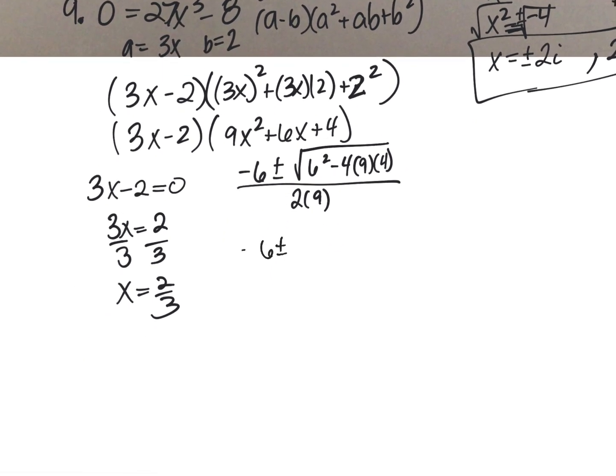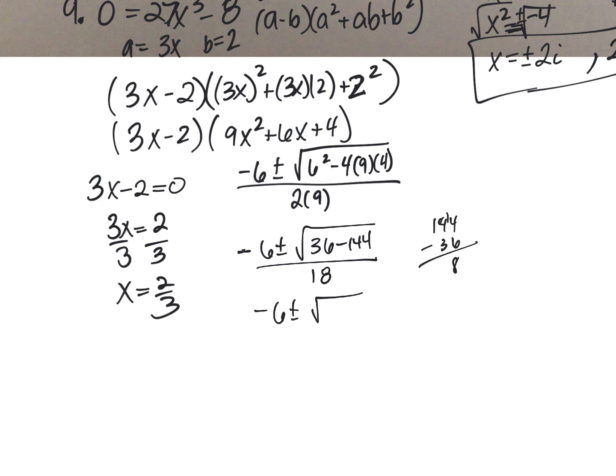Negative 6 plus or minus the square root of 36 minus 144, over 18. So negative 6 plus or minus the square root of 108. Jeez, can't subtract.